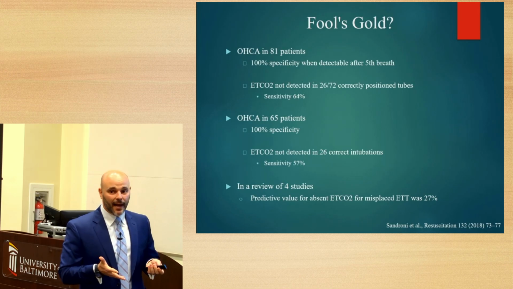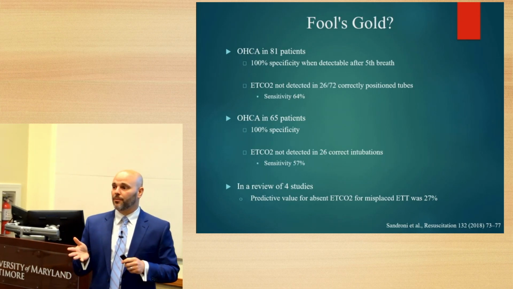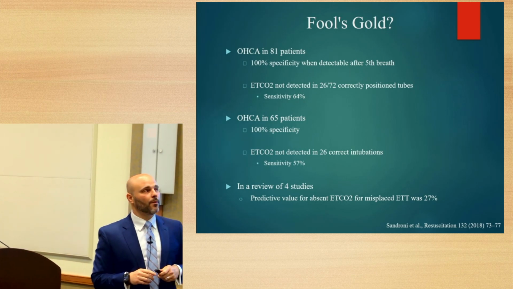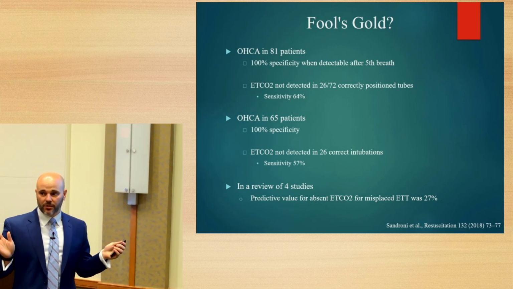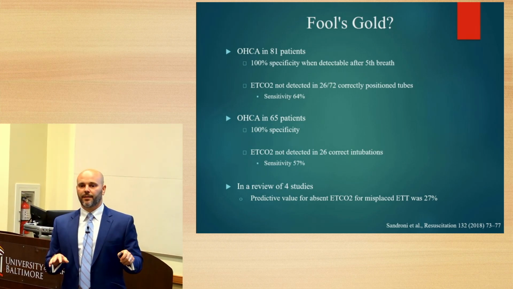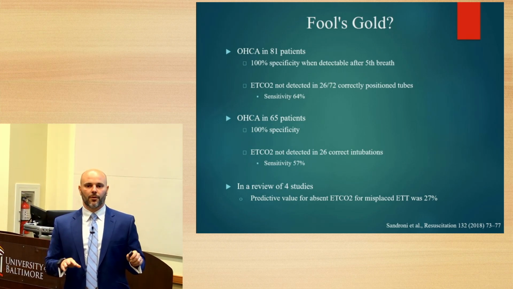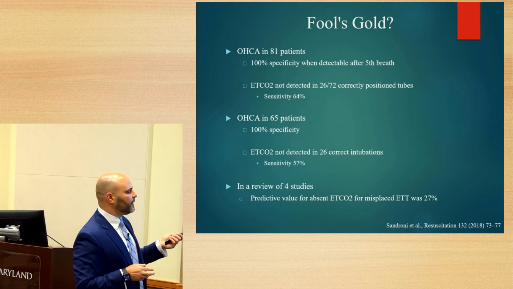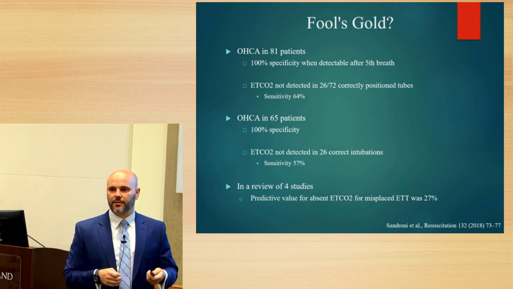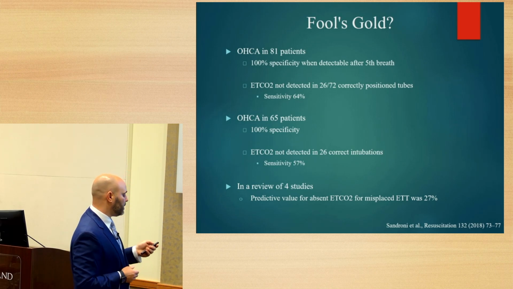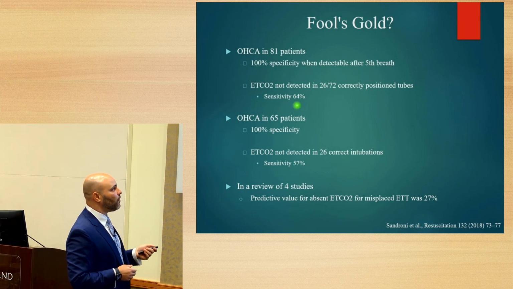So despite that, there are some studies that show some shortcomings with sensitivities. Many of the studies across all different pre-hospitalization settings, if the tube is in, you're in. So the term that I've heard and seen used is right place, positive trace. So if you have a good tracing, you're in the right spot. There are some studies that showed that the sensitivity can fall off.